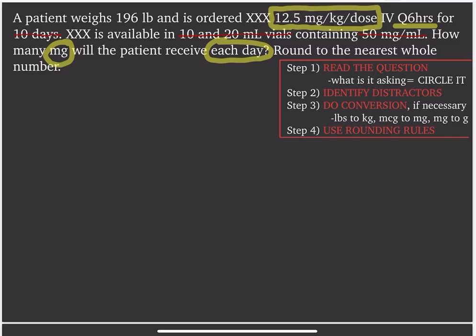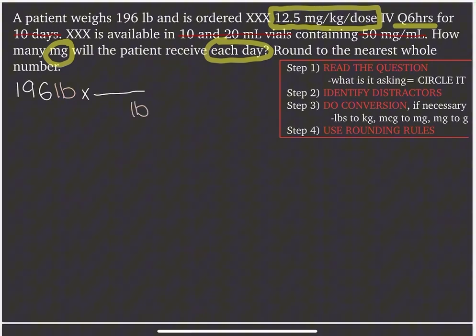So step 3, we need to do our conversions. So we know we're going to be using weight for this equation. We need to convert pounds to kilograms first. So there's 196 pounds, and we need to convert that to kilograms. So we'll set up our conversion.